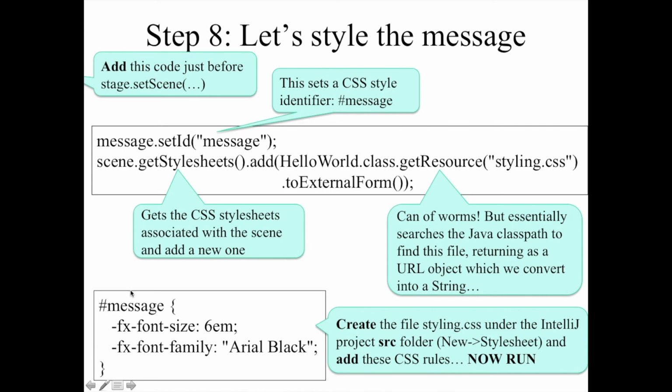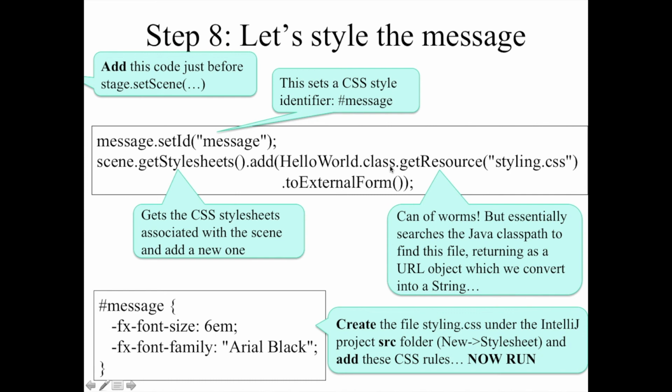So in order to refer to this CSS ID, we associate the ID with a particular component. So the message, the label, is going to be given the ID. Don't put the hash in, just use the name there, set ID message. I mean, we can call this anything we want. Just decided to call it message. Next thing we need to do is get the set of style sheets already associated with the scene, and so there are some default style sheets that will be associated with scene, but we're going to add ours to that.